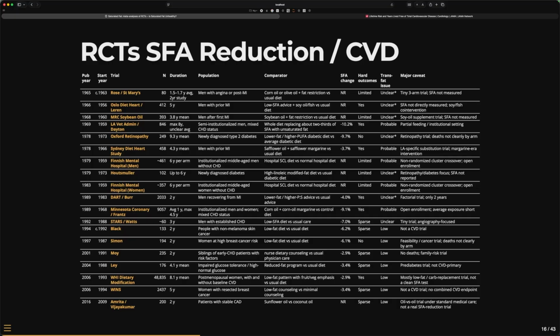What two diets were being compared. And then whether there was a change in saturated fat measured, and what hard outcomes were available. A significant problem in the earlier trials is whether trans fat was an issue, and that was definitely an issue in the earlier trials.